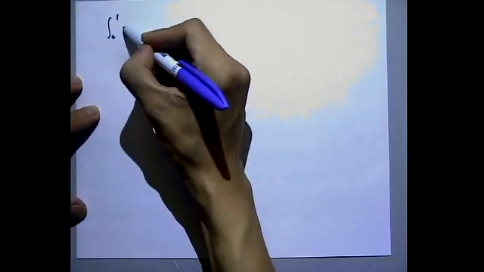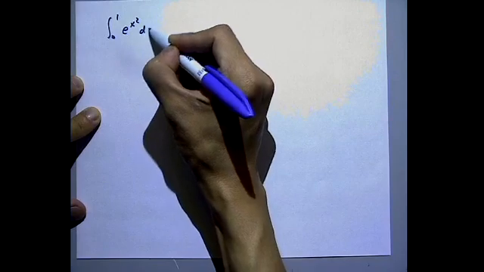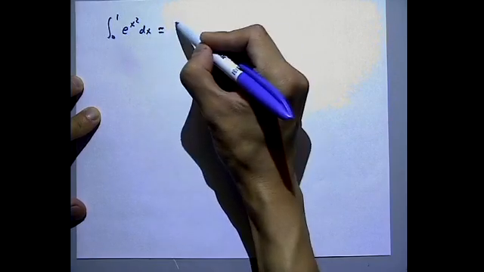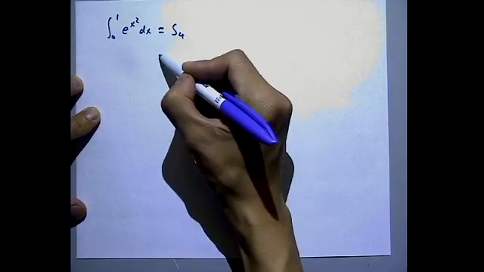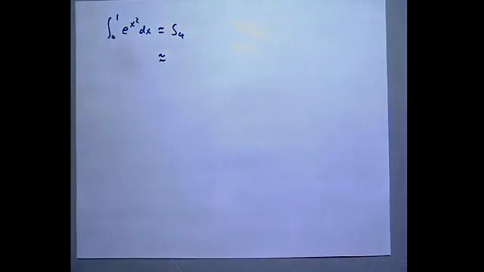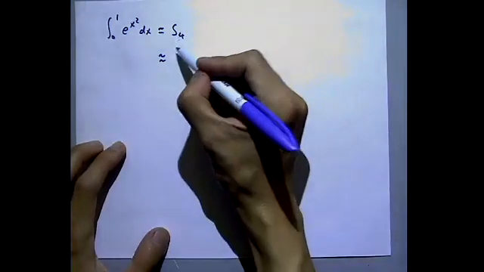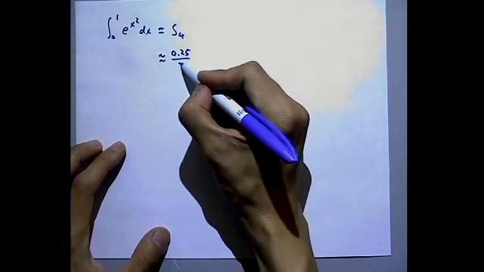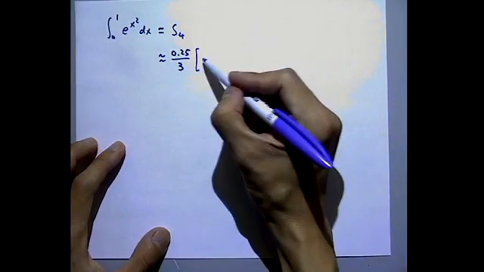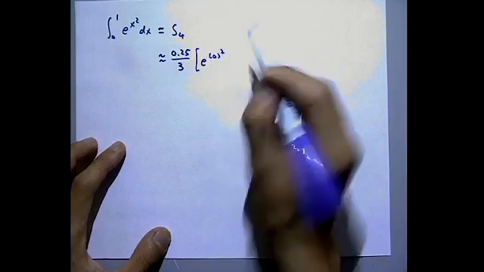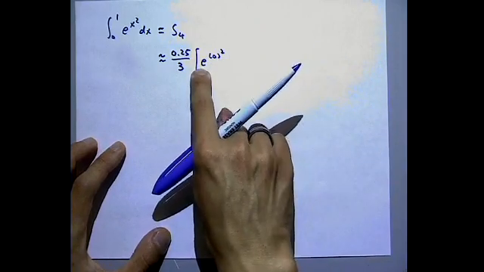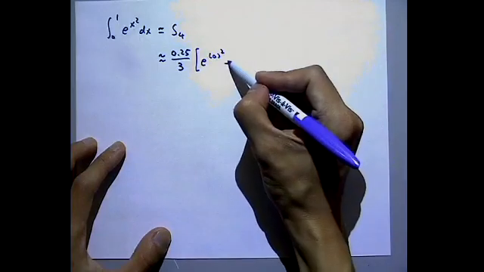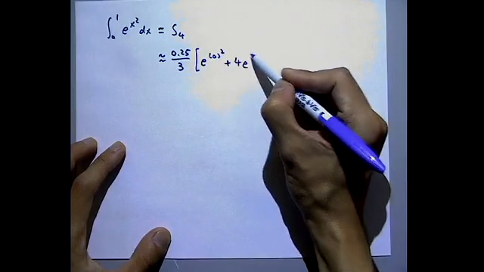And then in our example here, S4, right? We're using Simpson's rule with 4 subintervals. We get delta x over 3 times the first height with a number 1 in front of it. And then the next one gets a 4.